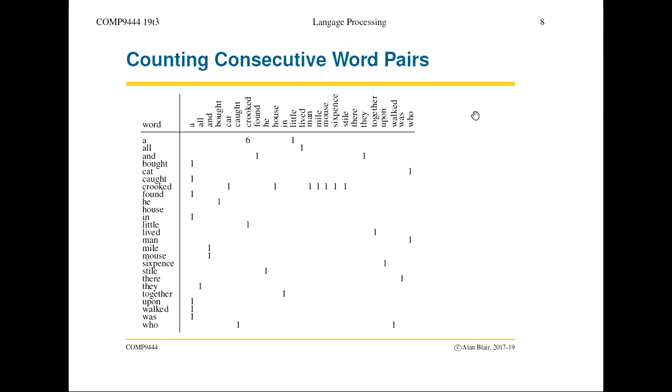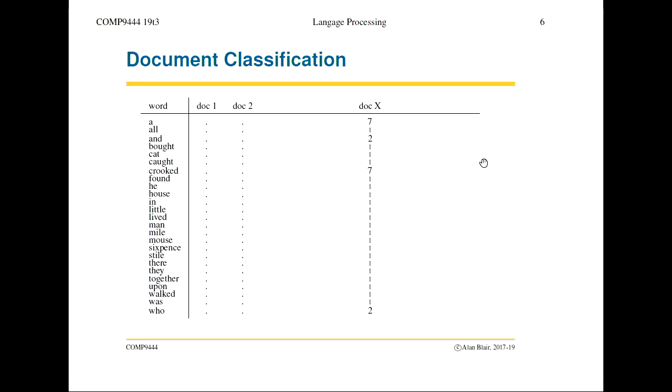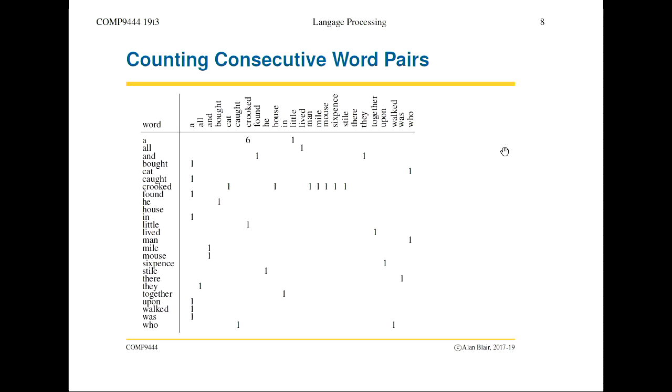Now, we still have the issue that it's a large matrix. Another approach: if we want more detailed information and want to learn something about words, not just about documents, we could have a matrix where the rows and the columns are both words.